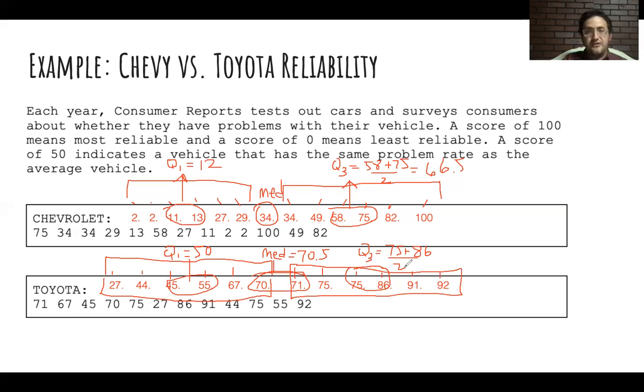And I'm just going to divide by 2. So I'm going to get 80.5. So we got some raw computations here, which is good.